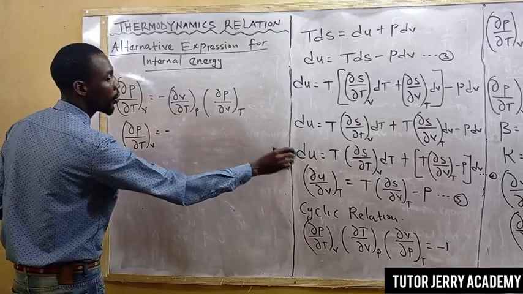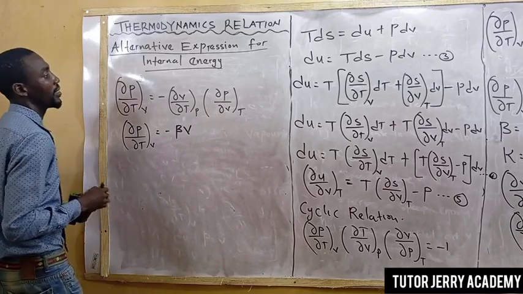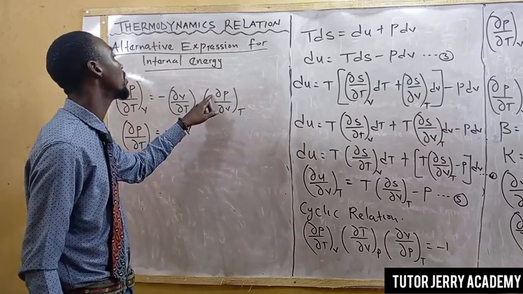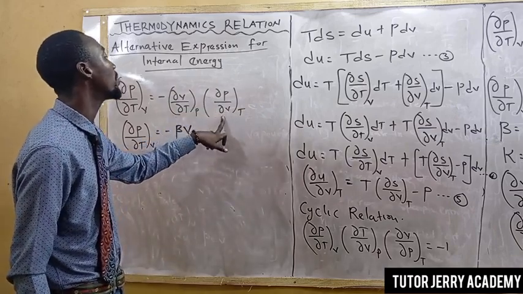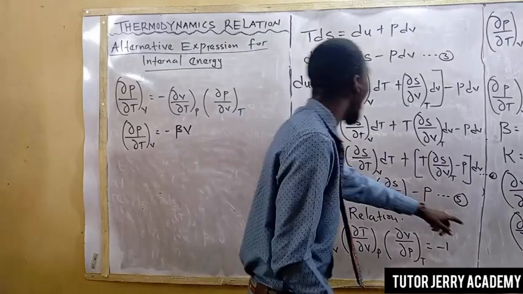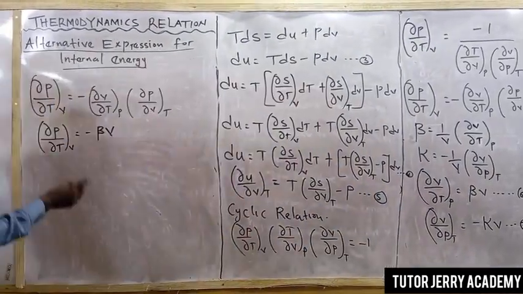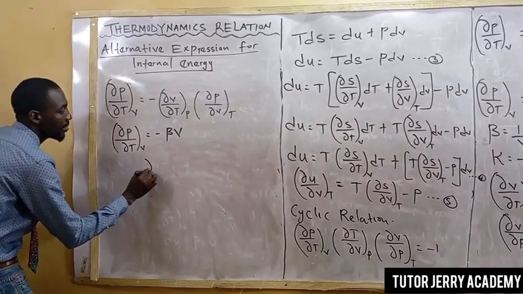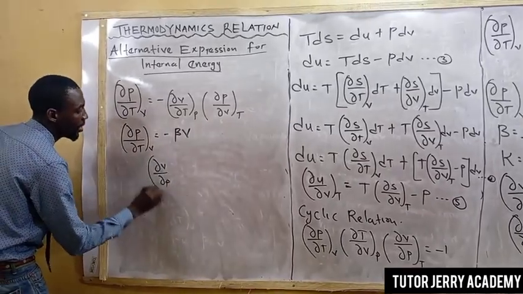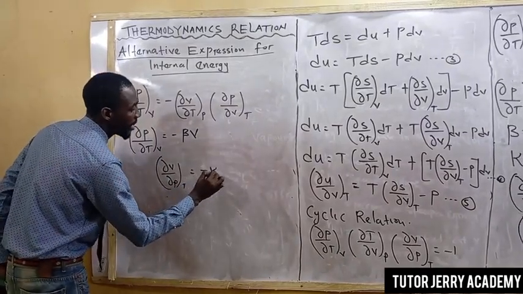We are going to replace it with beta v. All right. Now, but if you look carefully, we have the partial derivative of p all over the partial derivative of v, keeping t constant. But here we are having the inverse. We are having the partial derivative of v all over the partial derivative of p, keeping t constant, will be equals to minus k v.